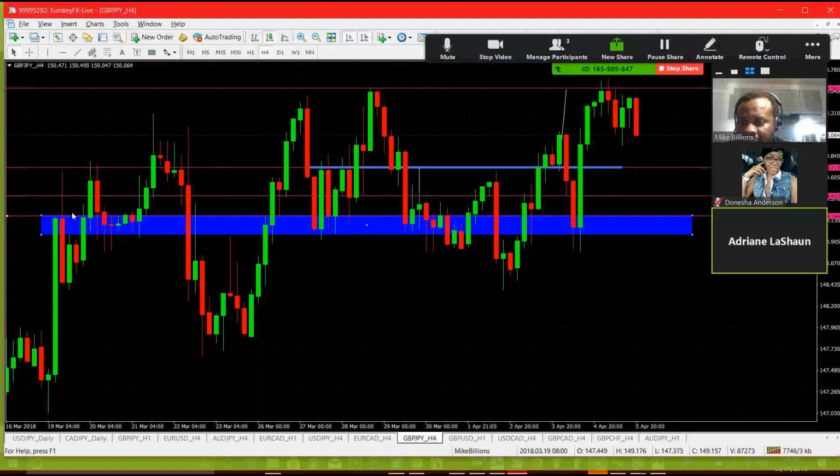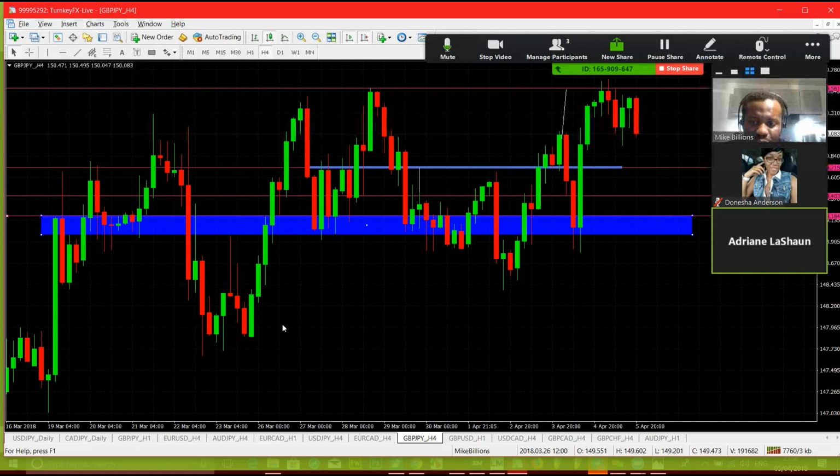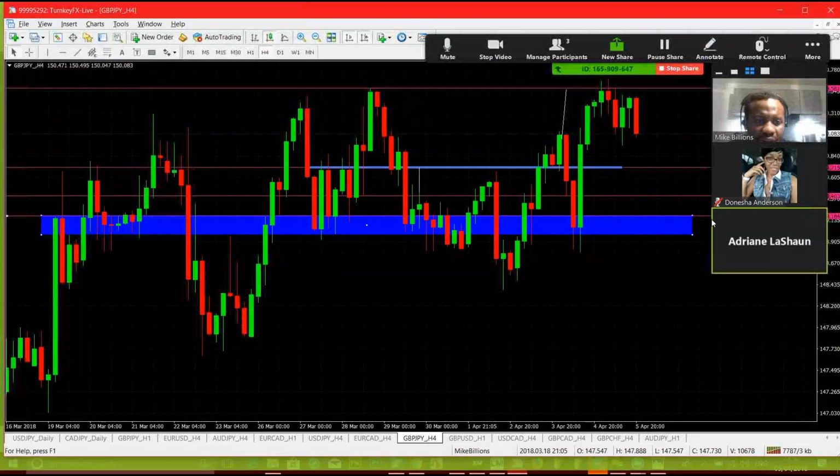Now look at that move. That move went up, and then what did you see? Came back all the way down to that zone. So this has done this. I'm sure this market is still going to come back down to this zone, but for now it's still up there. So that's a key structure, key demand zone for this guy.